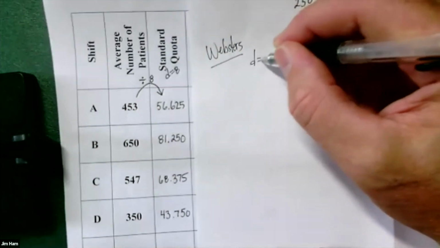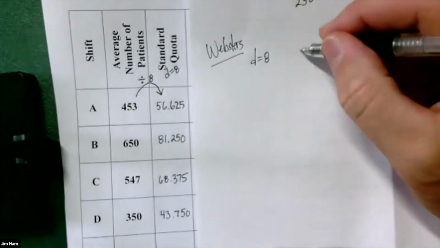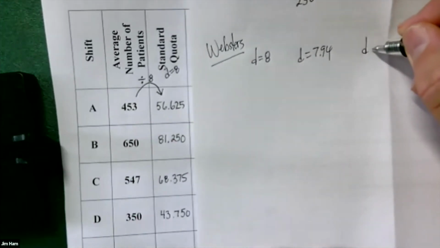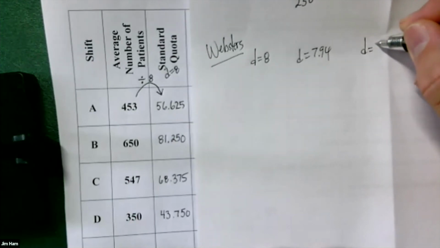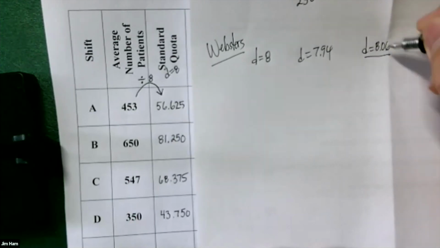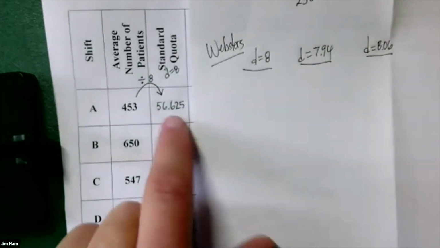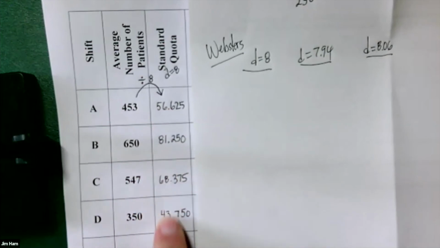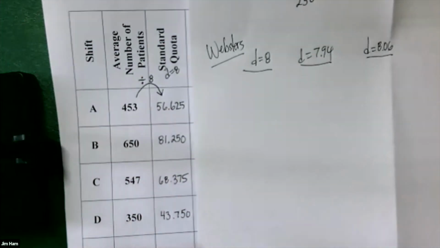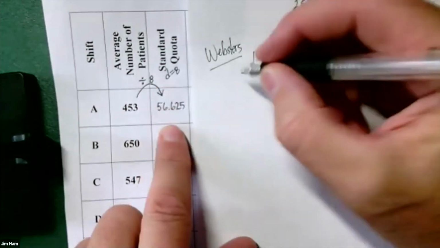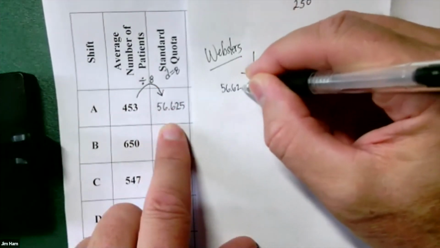So Webster's. If we have D equals 8, if we have D equals 7.94, or if we have D equals 8.06, we can write down the rounded numbers of these standard quotas. So for example, if we use D equals 8, this is 56.625.